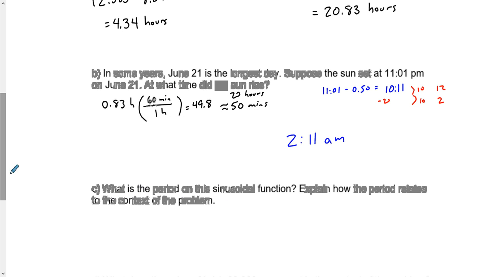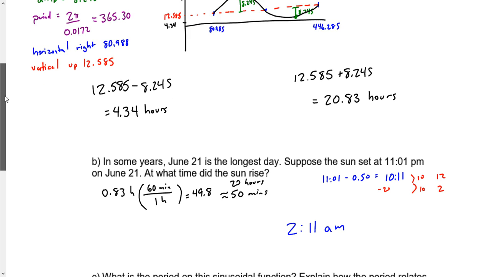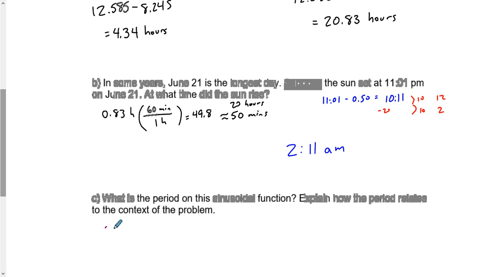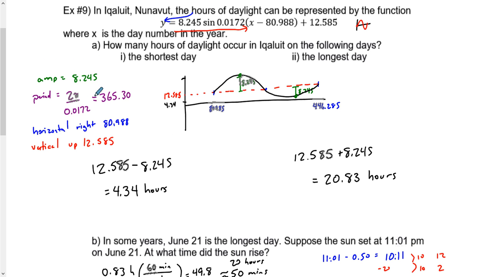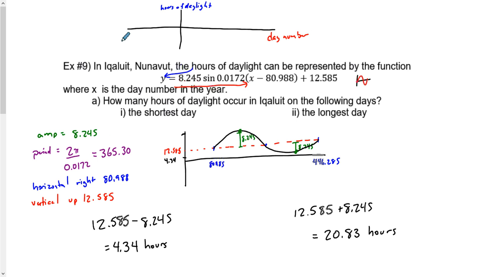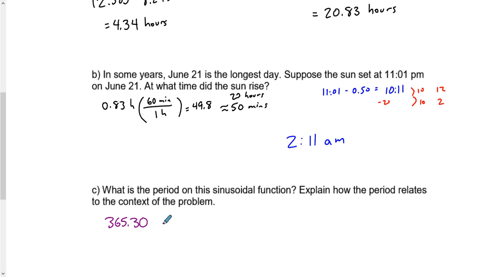What is the period of this? Well, our period, we just calculated here, is 365.30. What is period? Period is on the x-axis, how long it takes to repeat itself. And on the x-axis, it's the day number. Oh, wow, what does that mean?